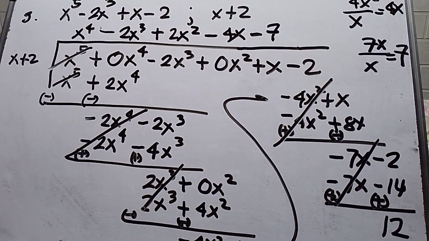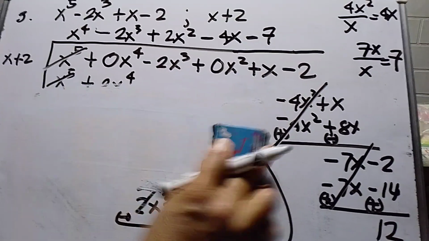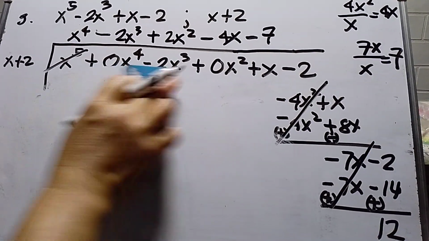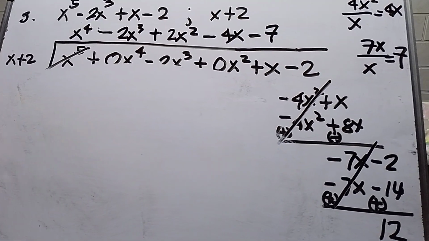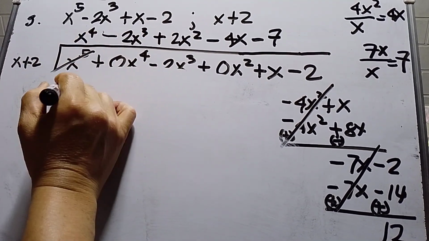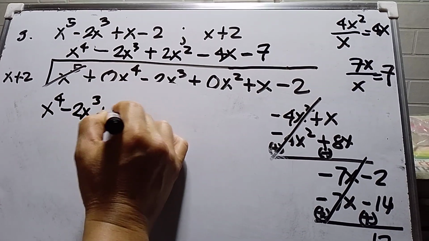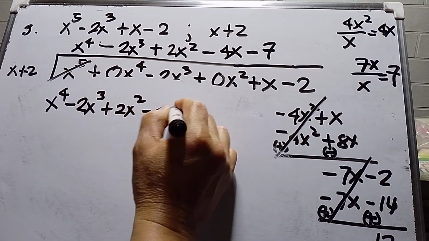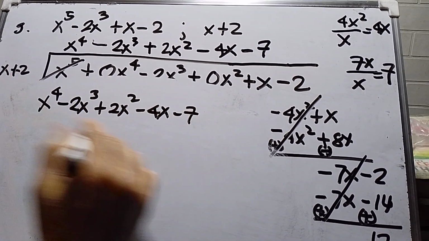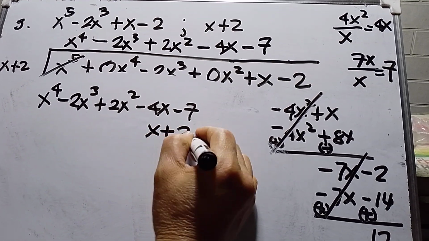So let us check if this is correct. The quotient, 2x cubed plus 2x squared minus 4x minus 7, times the divisor, x plus 2.